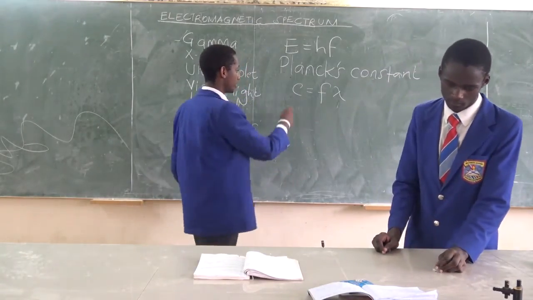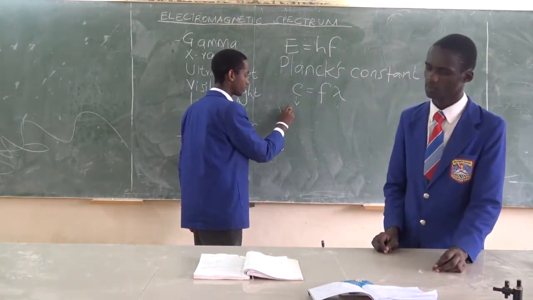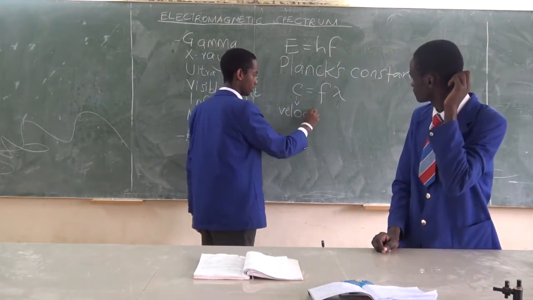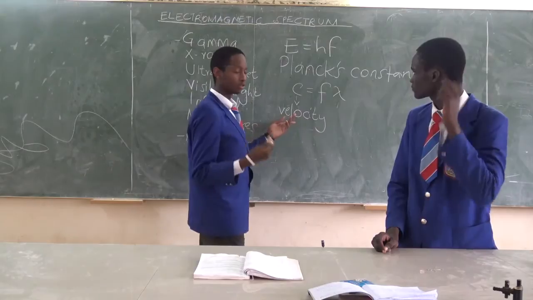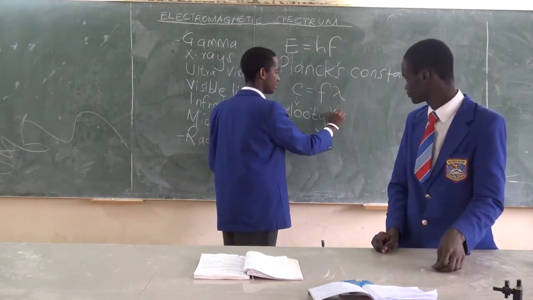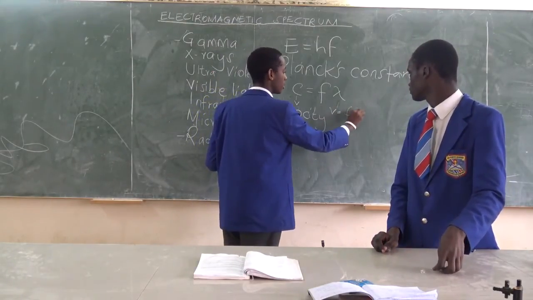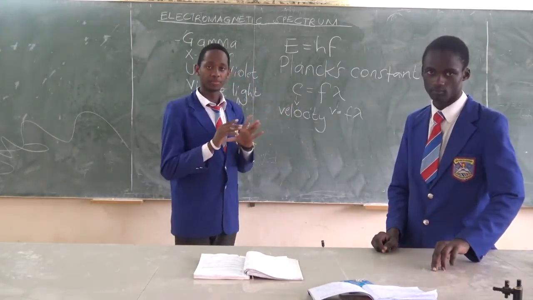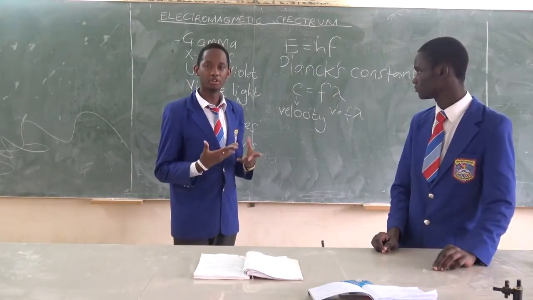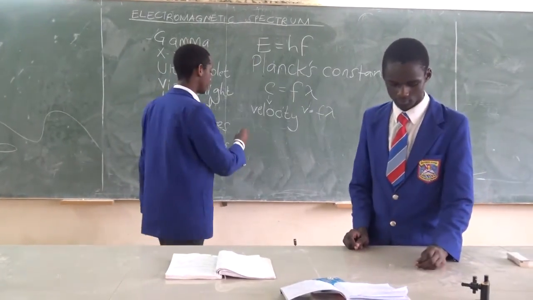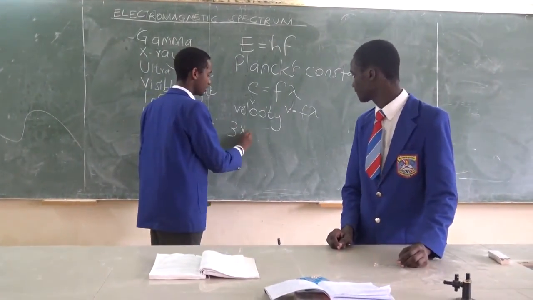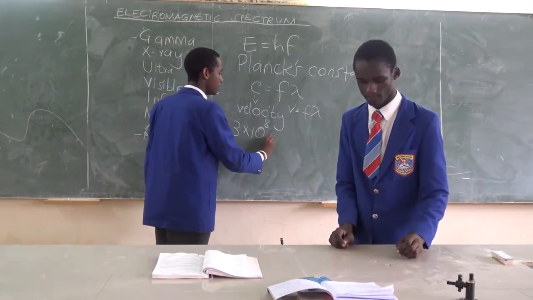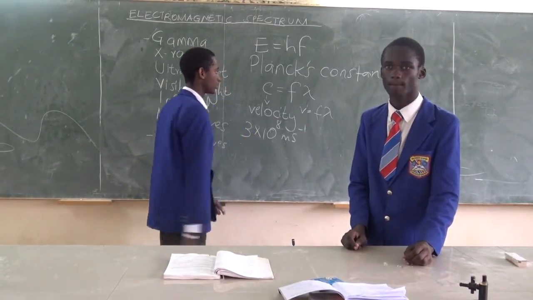This c stands for velocity, because there is also the equation v = f λ. So this c is not velocity for just anything, it is for the speed of light. The speed of light is 3 × 10^8 meters per second.